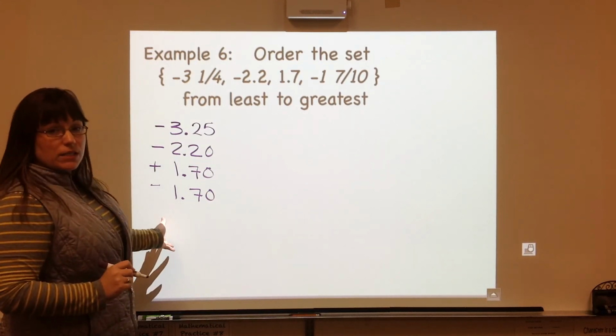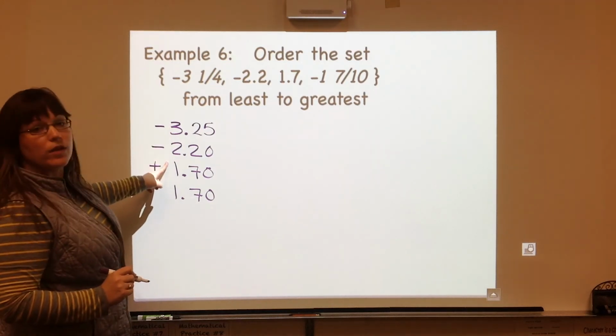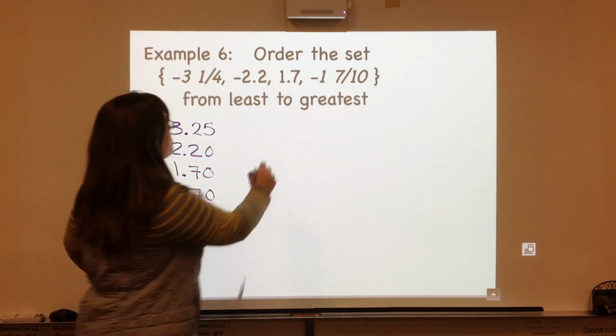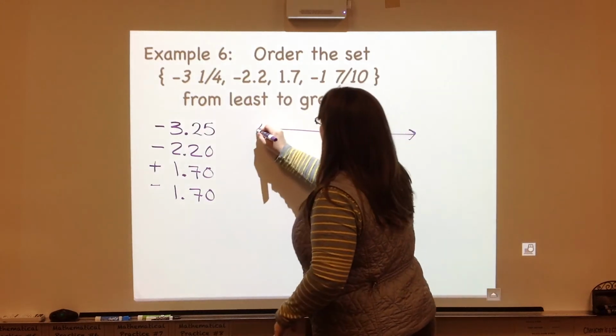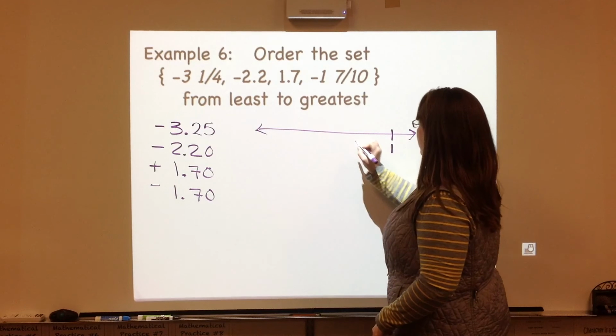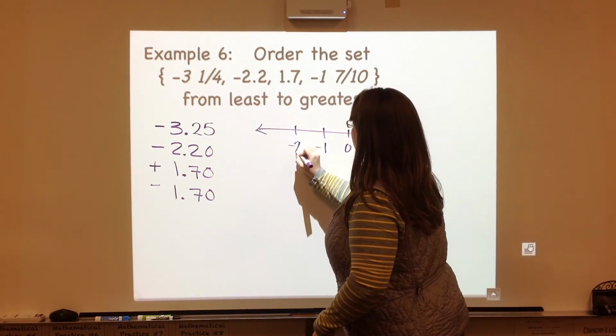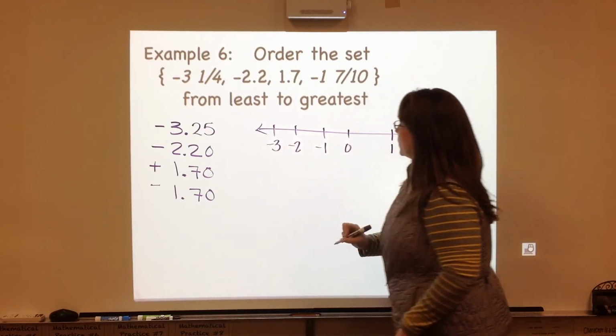This one's very easy to do as far as ordering them because all of the whole numbers are different. So on the number line, we can just stick the whole numbers on our number line. We need a 1, we need a 0, -1, -2, and -3.